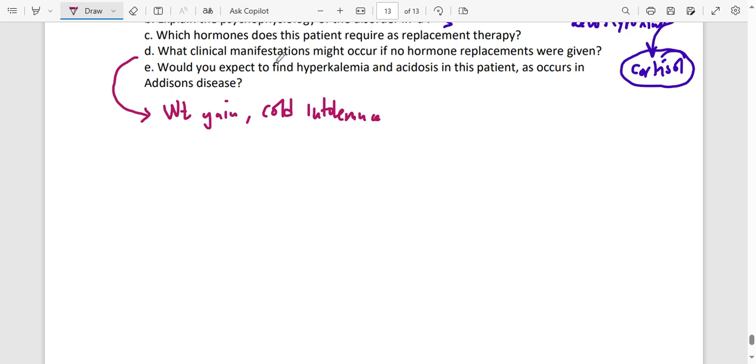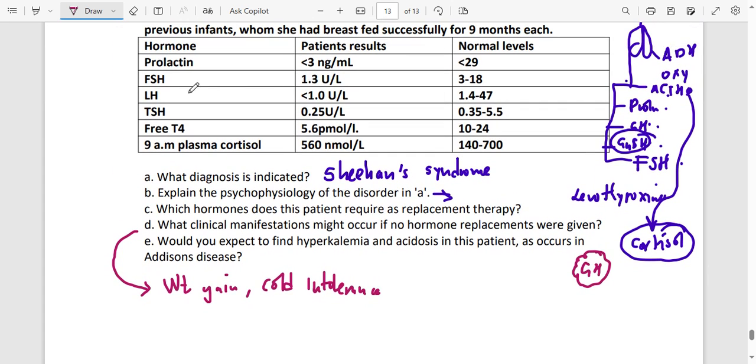from the anterior pituitary gland, we are having the production of growth hormone. Okay, let's not talk about growth hormone because it wasn't mentioned in the question. We are also having free T4.